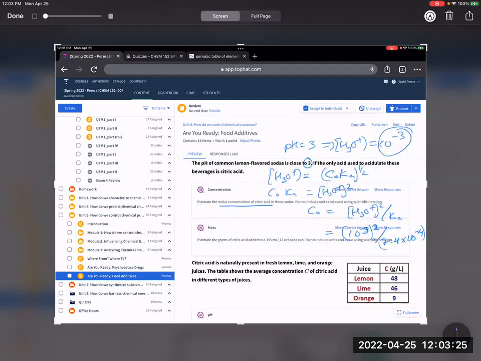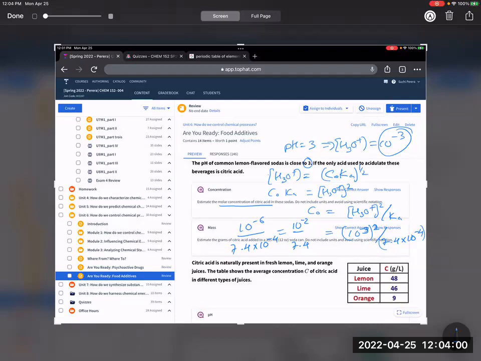So if you do this calculation, then you're going to get 10 to the power of minus 6 divided by 7.4 times 10 to the power of minus 4. So this should be 10 to the power of minus 2 divided by 7.4. If you plug these numbers into your calculator, you are going to get 10 to the power of minus 2 divided by 7.4.